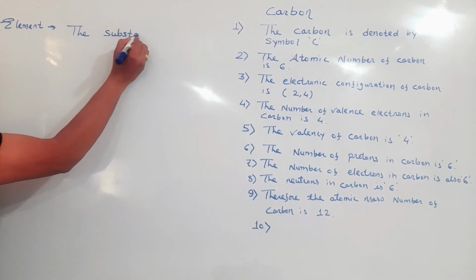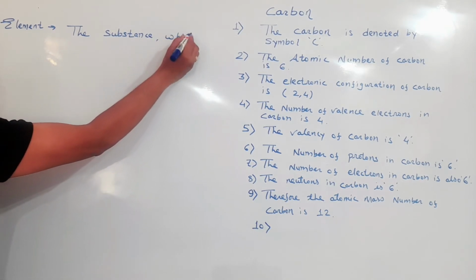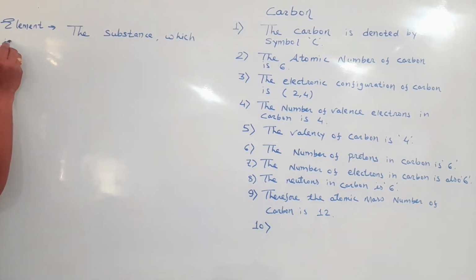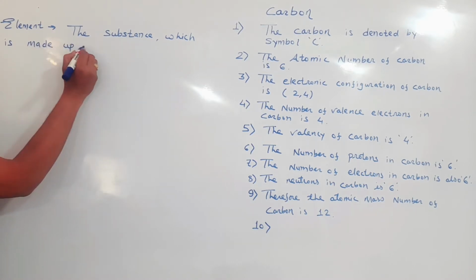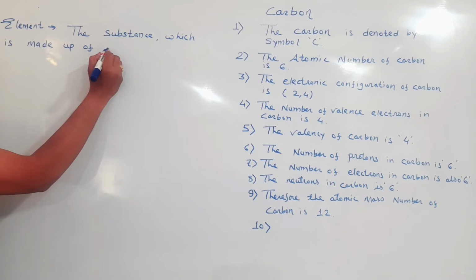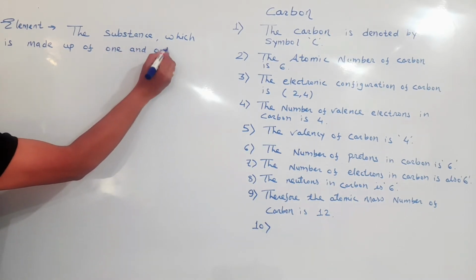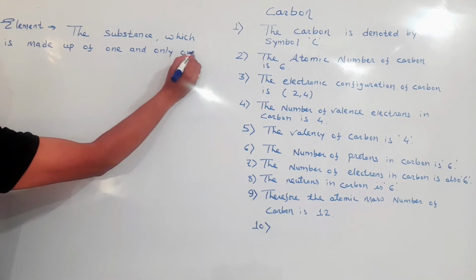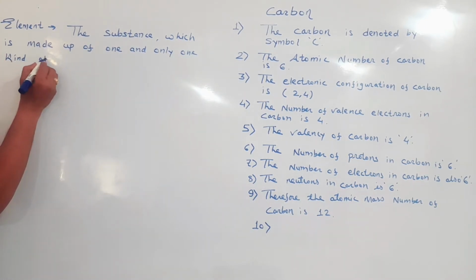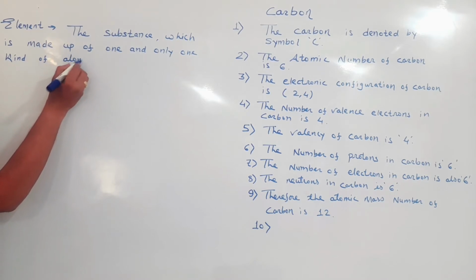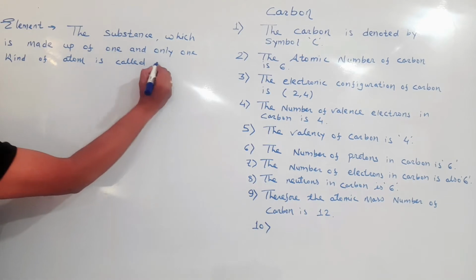The substance which is made up of one and only one kind of atom is called element.